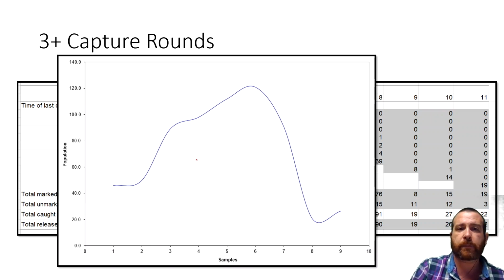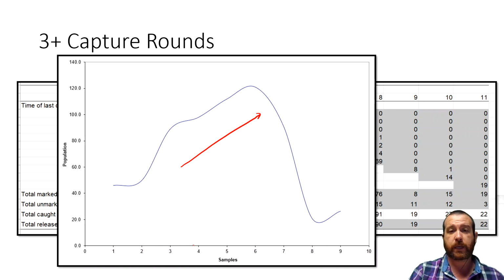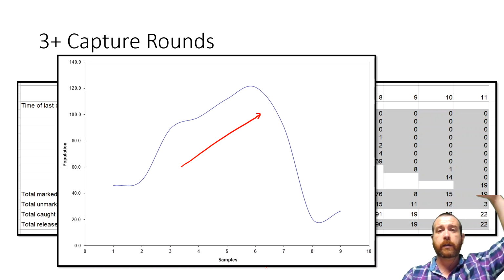We just so happened to catch in the 3 to 7 range. We ended up catching a lot of new individuals rather than re-seeing individuals that we'd previously caught. So the fewer individuals that are known to us in each capture round, that's going to make us guess that our population is huge, and I'm only catching a small fraction of my previously marked individuals, so that tells me that my population estimate would be a lot higher.